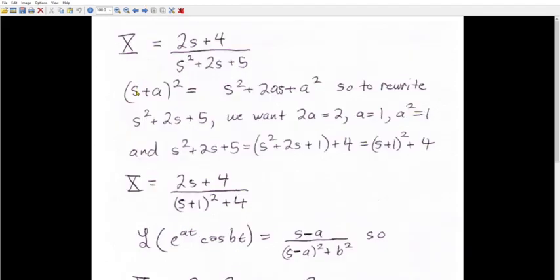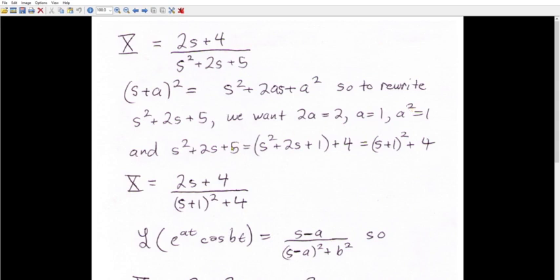We know that (s + a)² is s² + 2as + a², and we want to complete the square down here. The correspondence is that this 2 is 2a, and that means that we want 2a to equal 2, a to equal 1, a² equals 1.